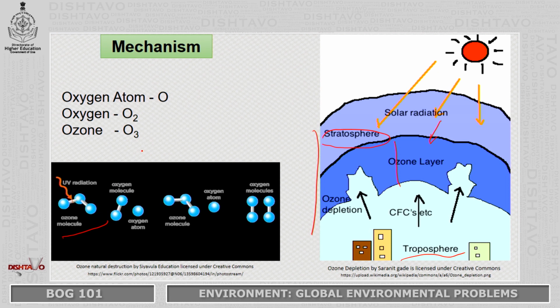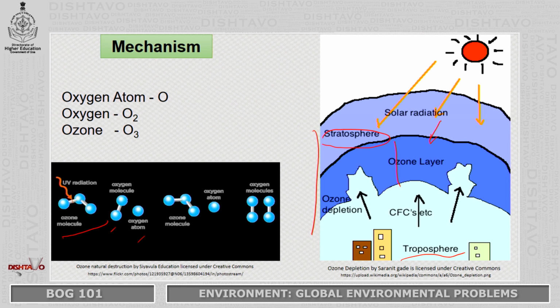Once again, this oxygen molecule and oxygen atom come together by the action of light itself. So once again we have ozone molecules. It is interchanging from oxygen molecule to ozone molecule, oxygen molecule to ozone molecule.